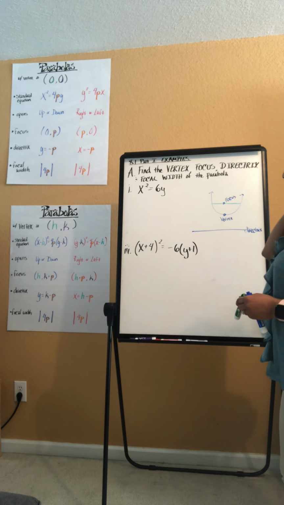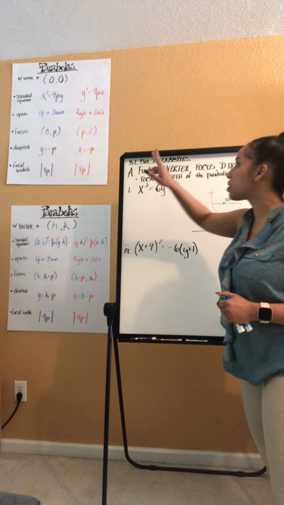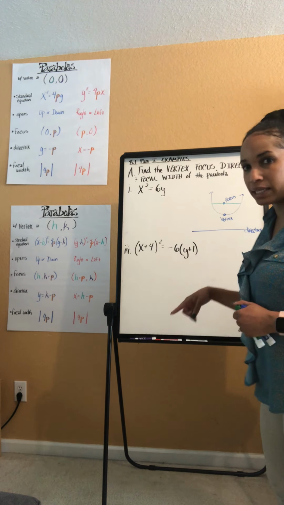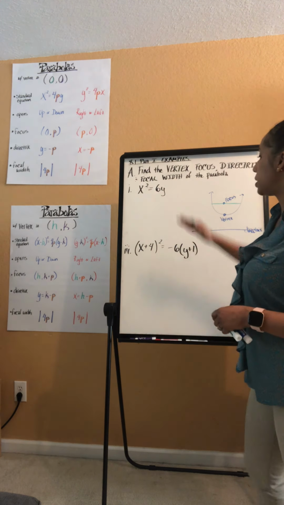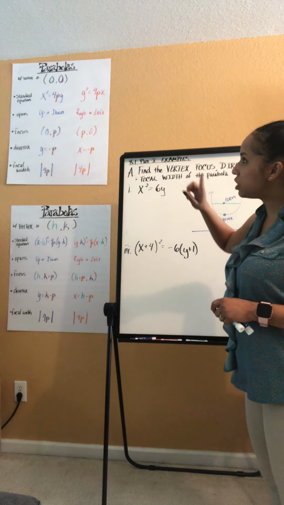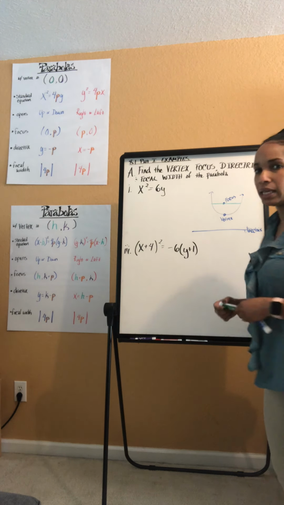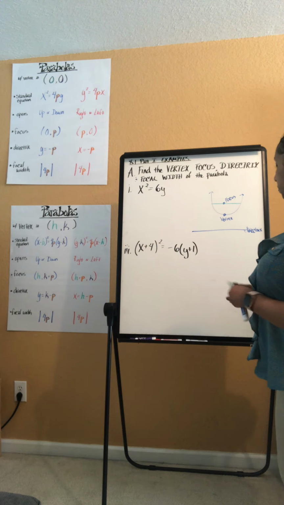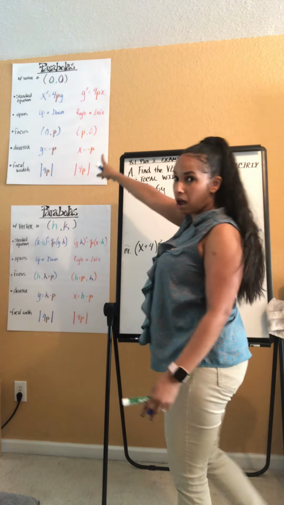All right, so we have these formulas up here, and I just put the ones that pertain to what we need today. So I have our vertex, the standard equation. This is the standard equation of a parabola. I have which direction it opens, the focus, the directrix, and the focal width formula. You notice that if the vertex is at 0, 0, that's that top sheet up here.